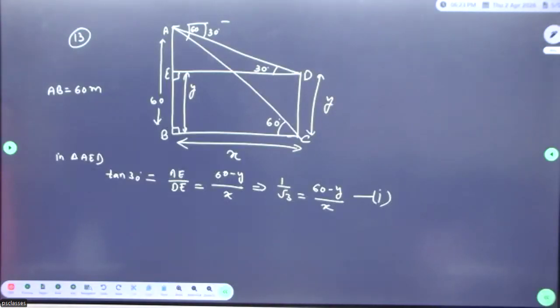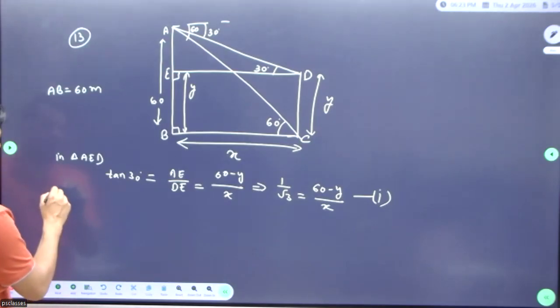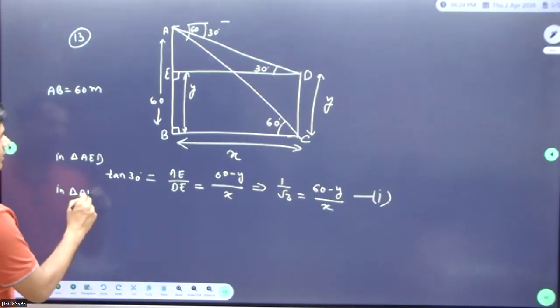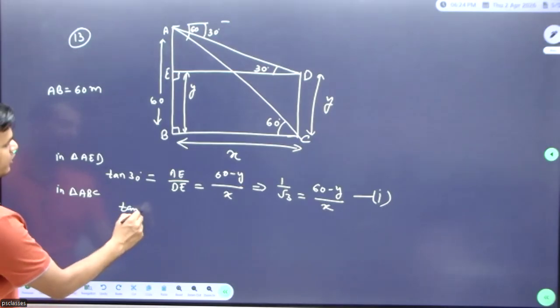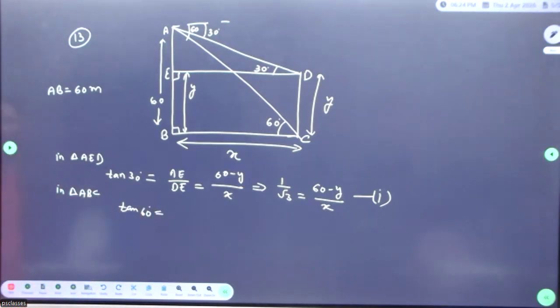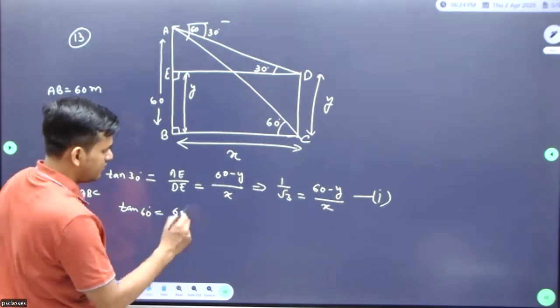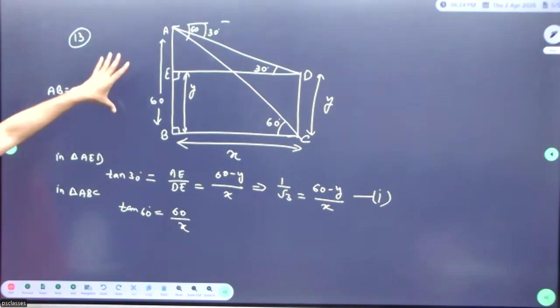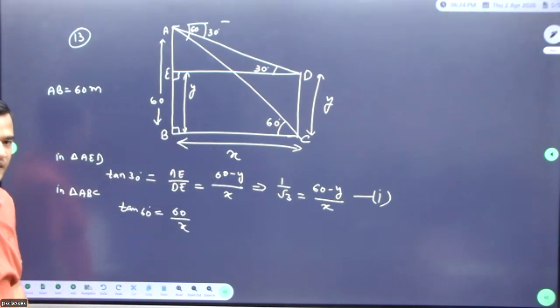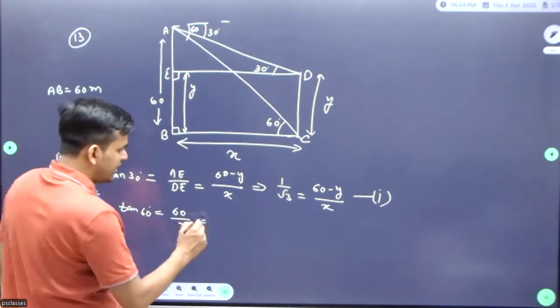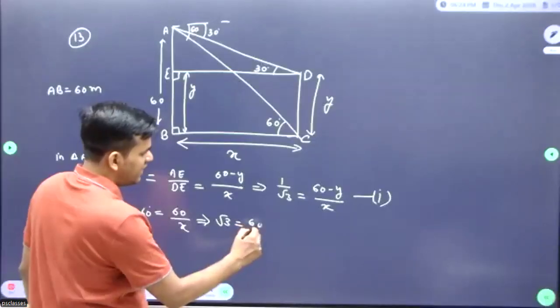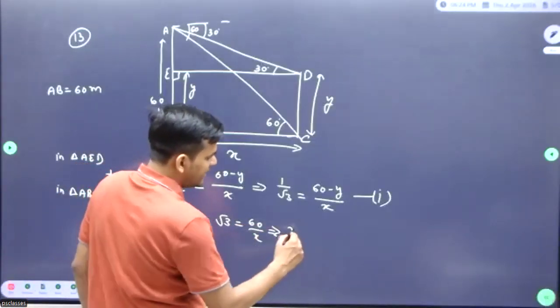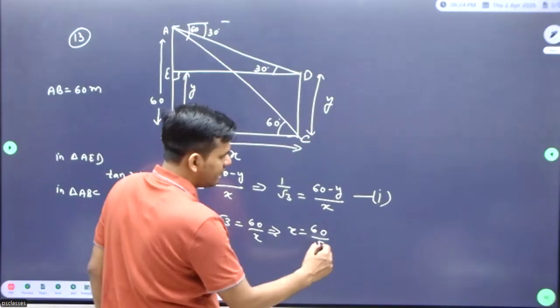And the second one, using triangle ABC, you will get tan 60 degrees is equal to perpendicular by base, 60 upon X. So AB upon BC, tan 60 is root 3, is equal to 60 upon X. So it will give X equal to 60 by root 3.